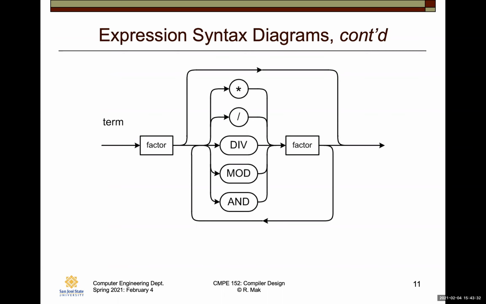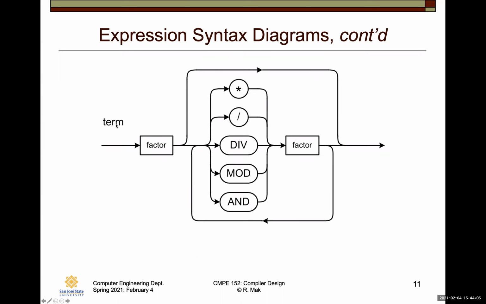So div will give you a truncated integer result. Mod is for modulo, or the percent sign operator in languages like C++. In Pascal it is the mod reserved word, and of course and is for ANDing relational expressions. So these are considered the multiplicative operators, and that's what a term is made of.